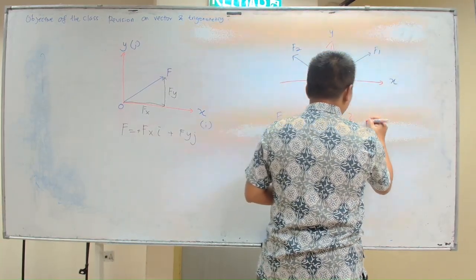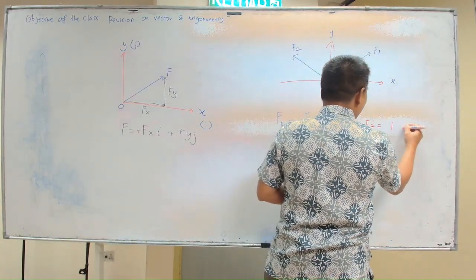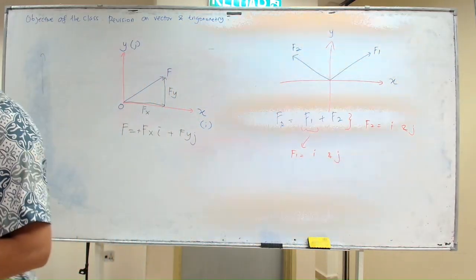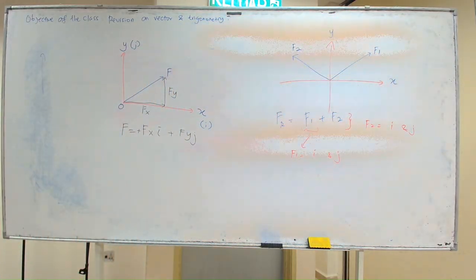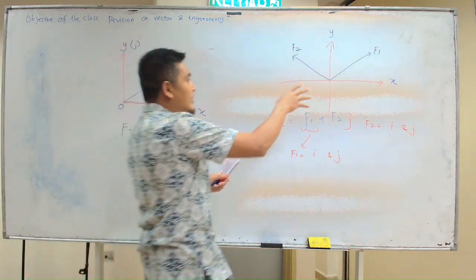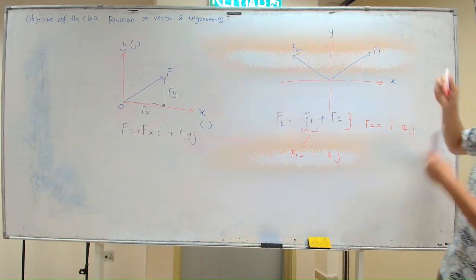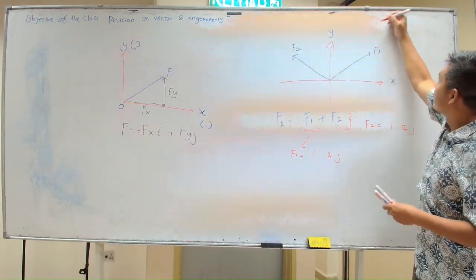F2 also must have I and J direction. Then we can call it a vector. So now we try to solve F1 first.